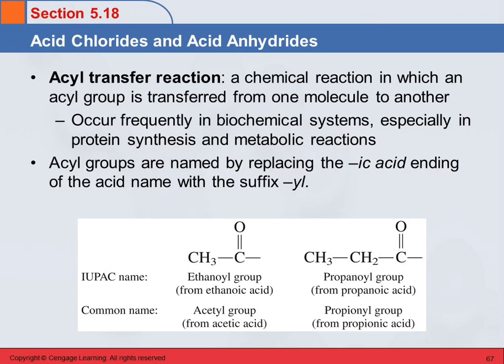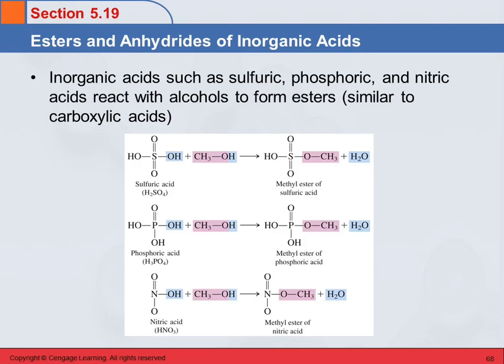Inorganic acids like sulfuric acid, phosphoric acid, and nitric acid can also react with alcohols to form esters. So we've looked at how carboxylic acids react with alcohols. Inorganic acids can do that as well. So here's sulfuric acid.